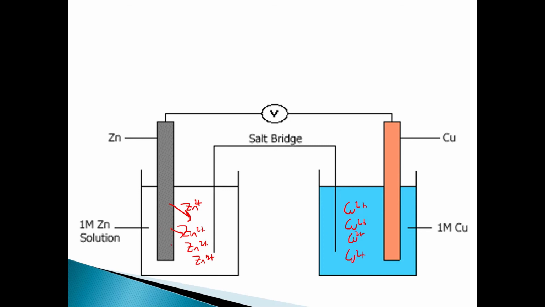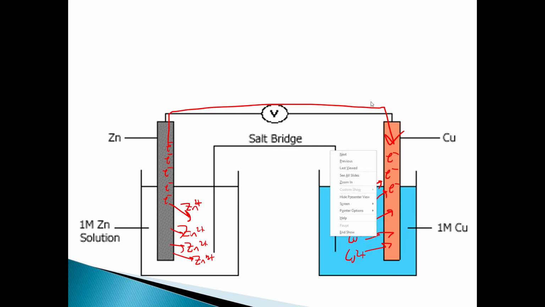So as the zinc gets turned into ions, all these extra electrons start building up here on the anode. And when you connect the wire, the electrons travel through the wire to here in the copper, and that allows the copper ions to absorb these extra electrons and then start becoming actual solid copper.